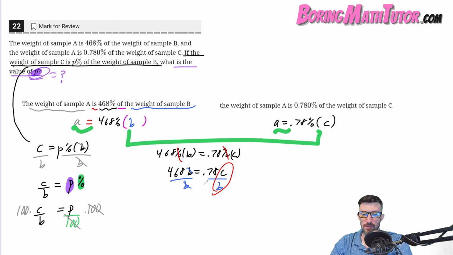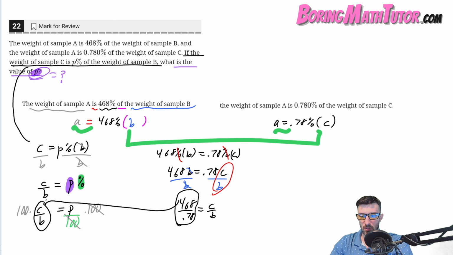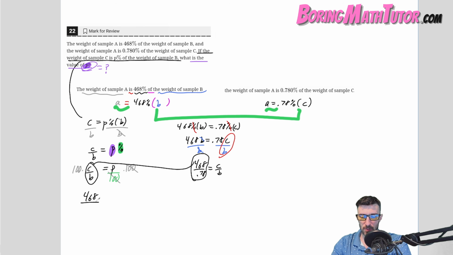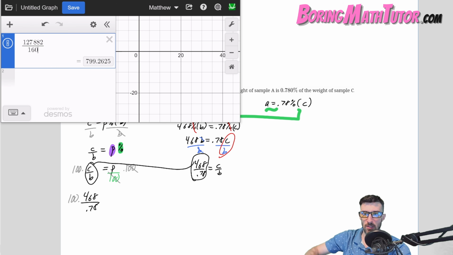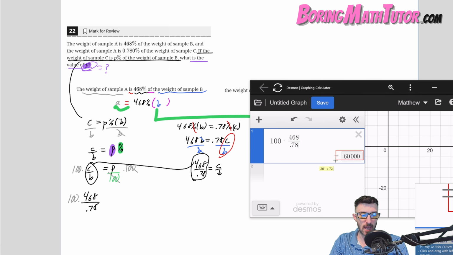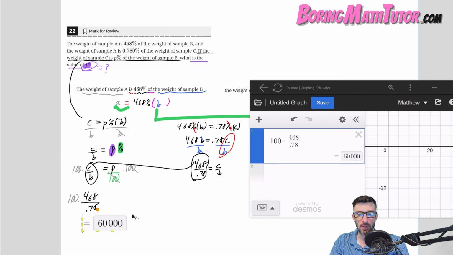I would still need to divide by the 0.78. So that would equal C over B. So whatever this is, I'm going to toss that in over here for C over B. Okay, so let's just put 468 over 0.78 times 100 into Desmos. Comes out to 60,000. That completes practice test 11.